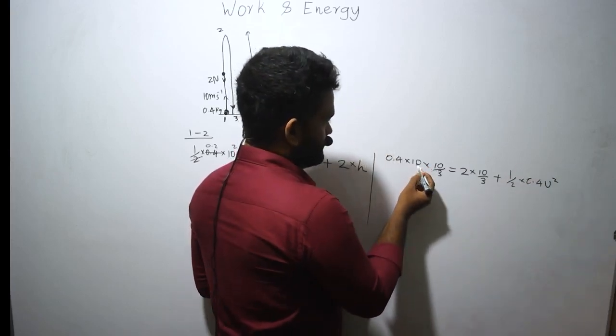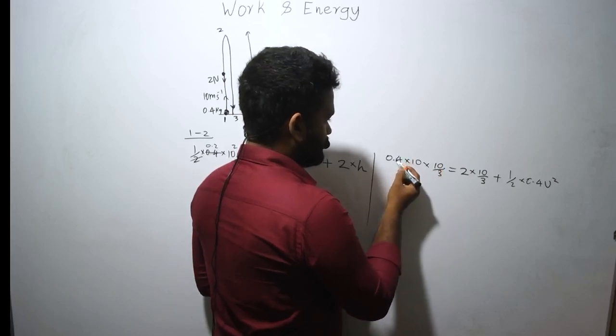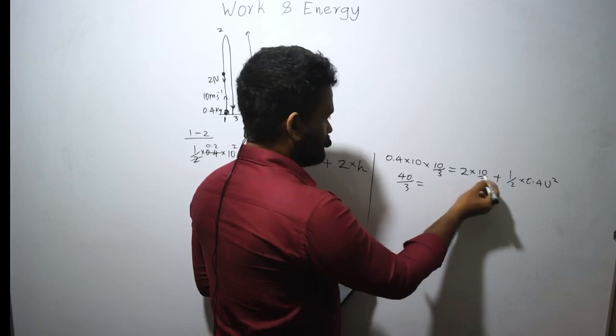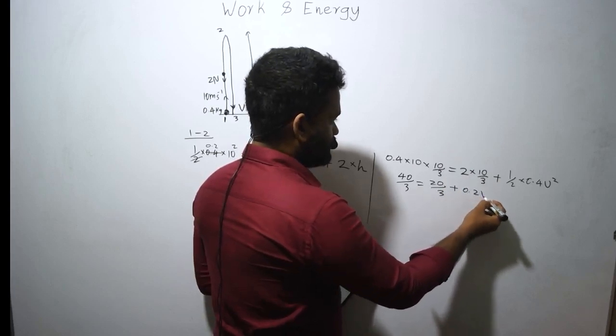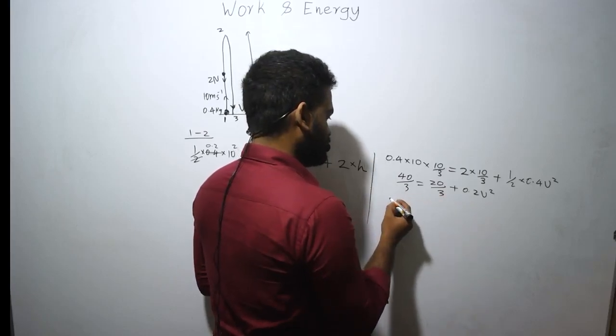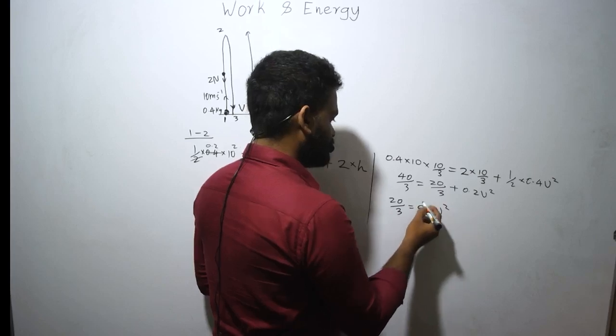So here we have 100. So 100 times 0.4, 40. 40 divided by 3 equals 20 divided by 3 plus 0.2 V square. Take this to this side. So we get 20 over 3 equals 0.2 V square.